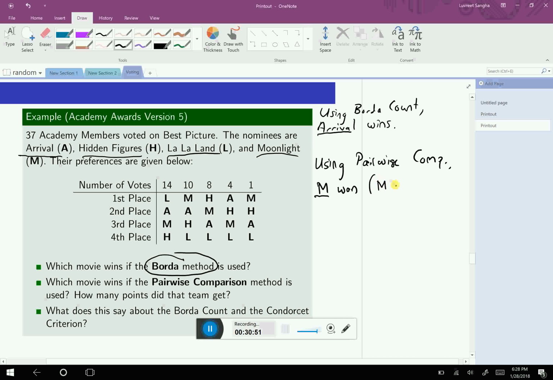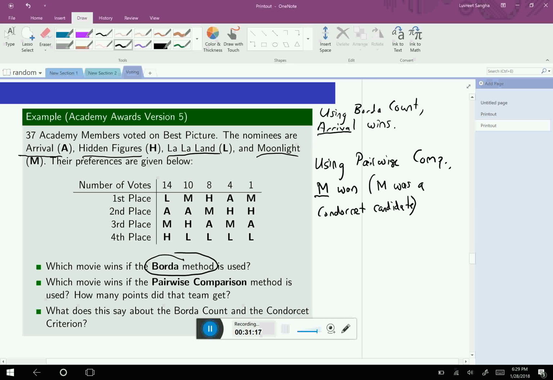You should look back at the earlier slides when we talked about pairwise comparison to see that earlier matchup, but it turned out that M won all of its matchups, so M was a Condorcet candidate.